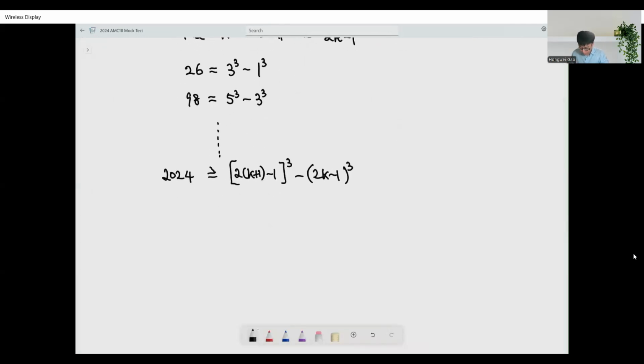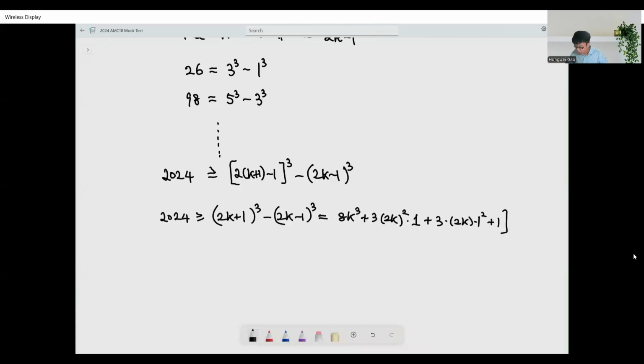So here we can simplify it. 2024 is greater than or equal to 2k plus 1 cubed minus 2k minus 1 cubed. If we expand it, we get 8k cubed plus 3 times 2k squared times 1 plus 3 times 2k times 1 squared plus 1, minus 8k cubed minus 3 times 2k squared times 1 plus 3 times 2k times 1 minus 1.